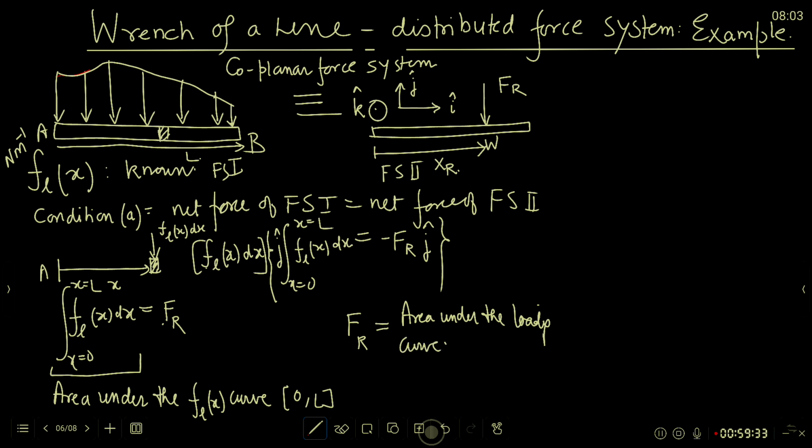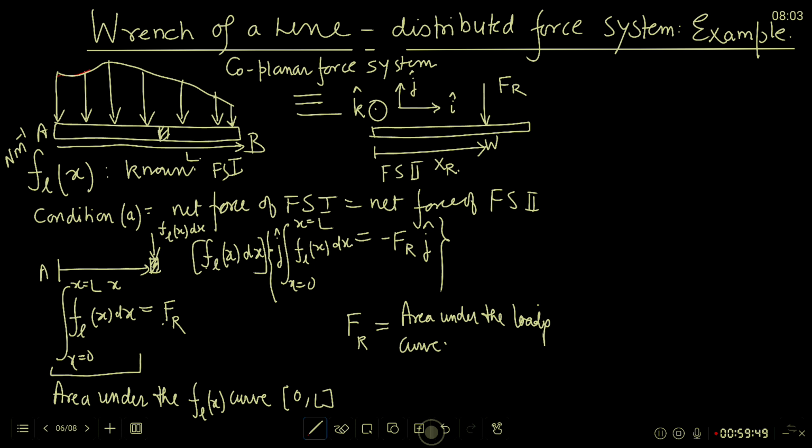In this case, the way I have drawn the loading curve, which is an arbitrary shape, it is not easy to quickly conclude what the area would be without doing the integration.